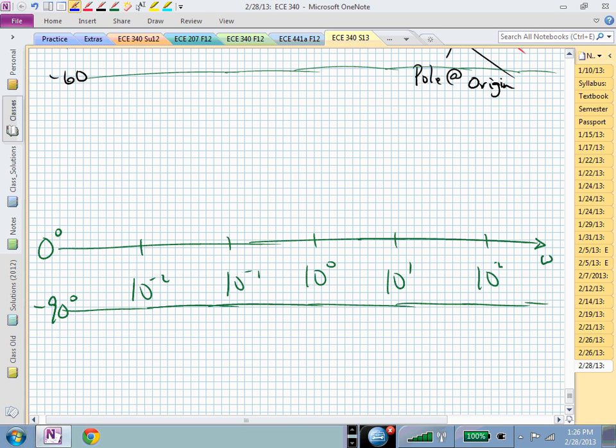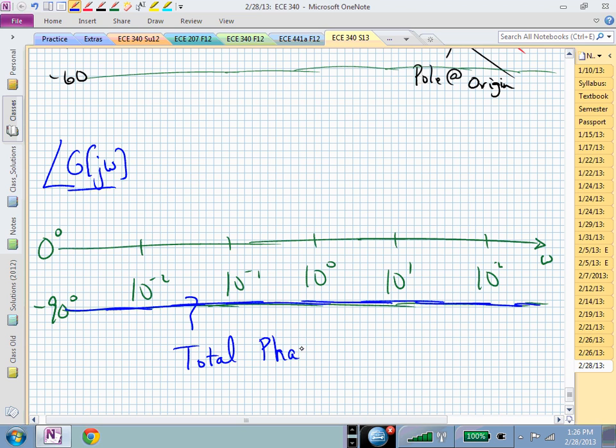The constant is giving us 0 degrees, and the pole at the origin gives us minus 90 degrees. And this is now the total phase. It's always minus 90 degrees.